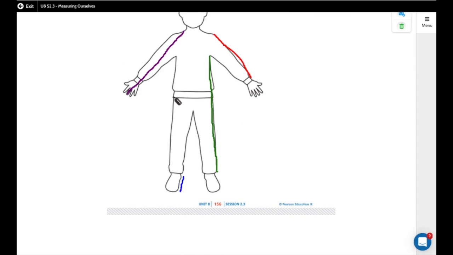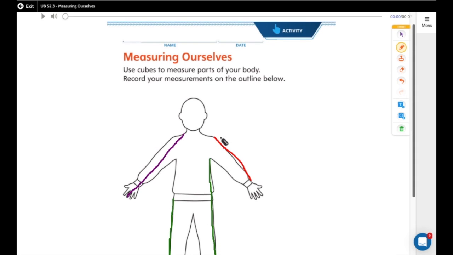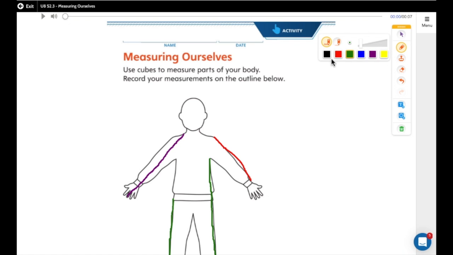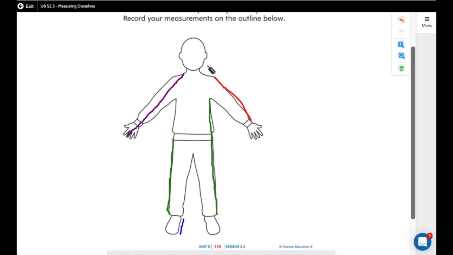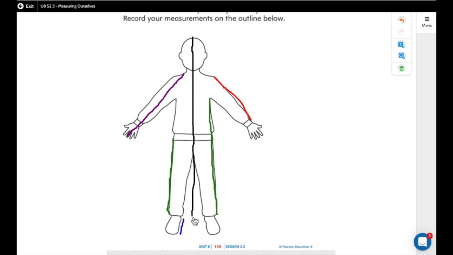So you could choose to measure just like that. You could even lay down on the floor, have somebody help you, and measure all the way from the top of your head down to the bottom of your feet. You're going to measure lots of different things.